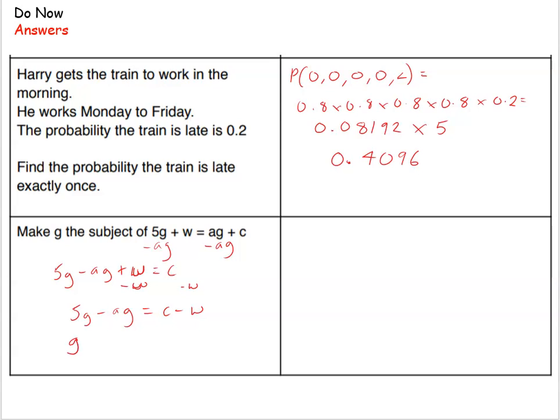So G goes outside the bracket, and that gives me 5 minus A in the brackets equals C minus W. And then the final step, I'm going to divide both sides by 5 minus A. Then my final answer will be G equals C minus W all over 5 minus A.